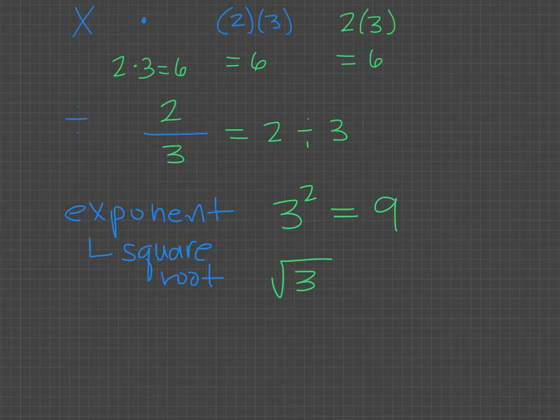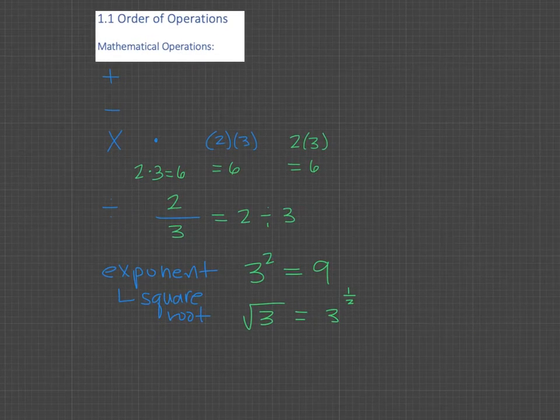So the square root of 3, we might think square root needs to be another operation on our list, but you might already know this, but that square root can be represented as an exponent of 1/2. So square roots and any root of any degree can be expressed as an exponent. So our list of operations is addition, subtraction, multiplication, division, and exponents.